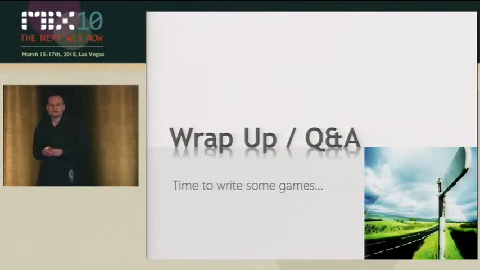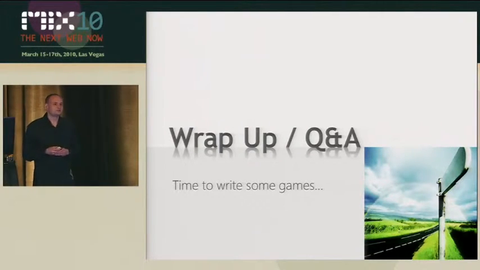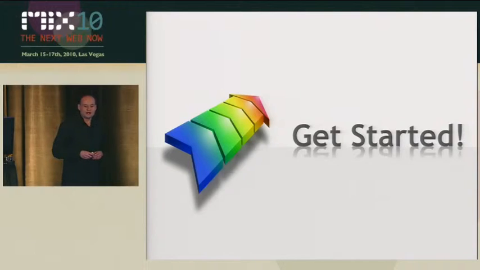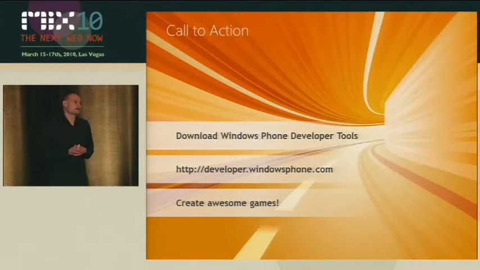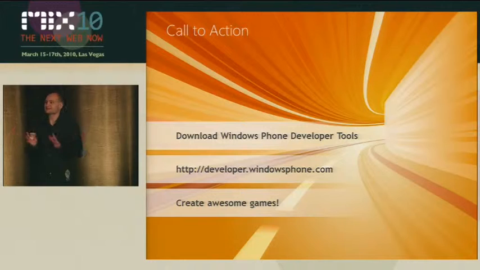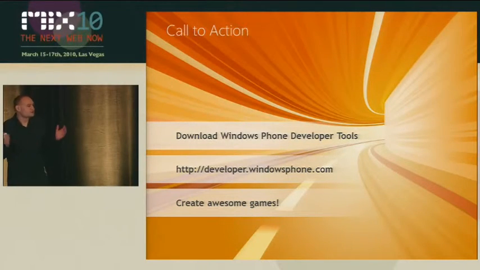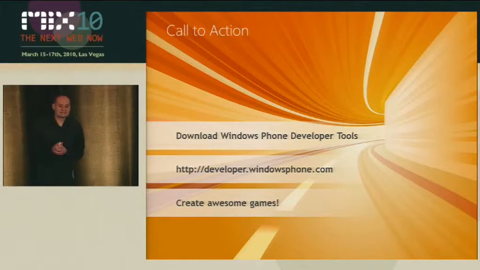So to start wrapping up and have some time to do Q&A, really, call to action today is get started. I would love to see you creating some awesome games. Everyone in here. I want to see so many games I don't even have time to see them all. You can download the Windows Phone developer tools today from developer.windowsphone.com.